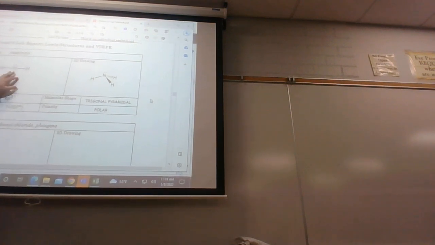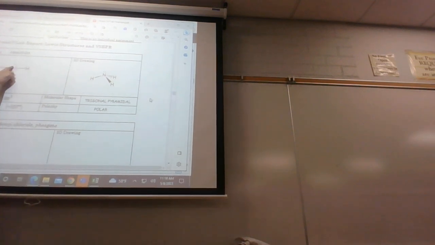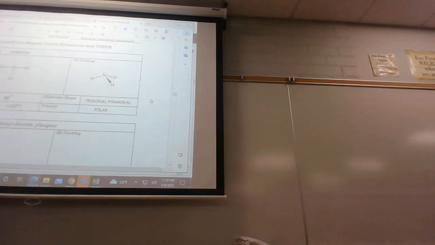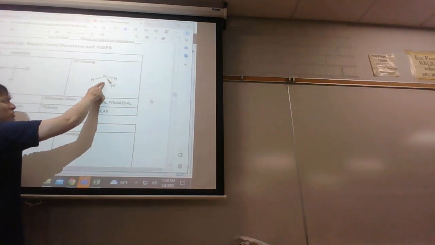The actual shape of this molecule is trigonal pyramidal because it has 4 groups of electrons. If we have 4 groups of electrons, then to minimize repulsions, we want to adopt a tetrahedral geometry like this. And so the electrons adopt the tetrahedral geometry.